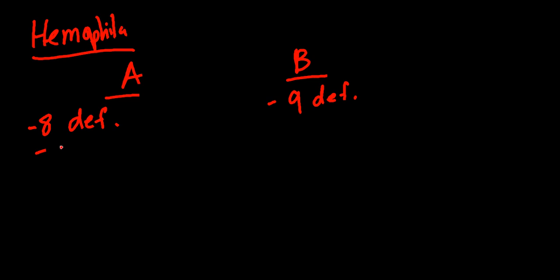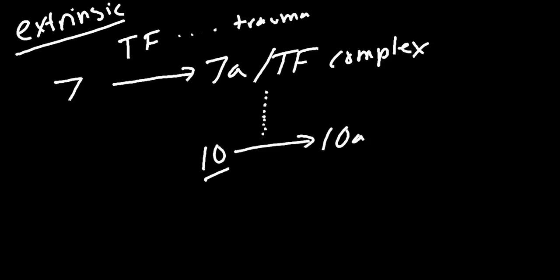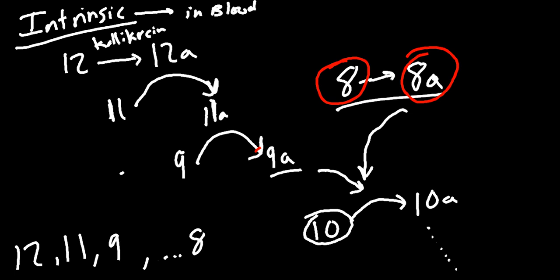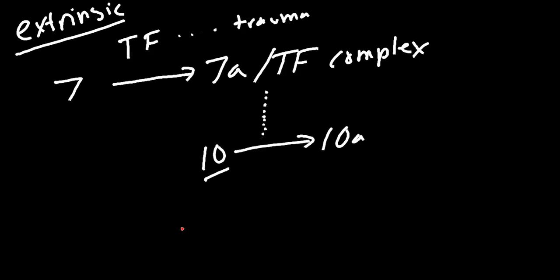You're going to measure it, and you're going to see an increased PTT. What does PTT stand for? It's a way to measure. So there's a thing called PT and PTT. Simply said, PTT measures your intrinsic pathway, while PT measures your extrinsic.